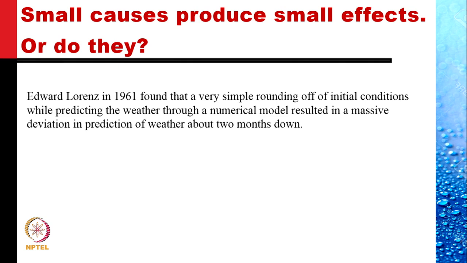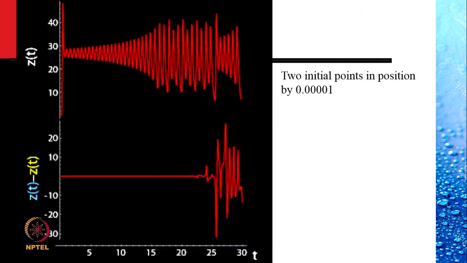Edward Lorenz in 1961 found out that a very simple rounding off of initial conditions while predicting the weather through a numerical model resulted in a massive deviation in prediction of weather about 2 months later. Here are some results.